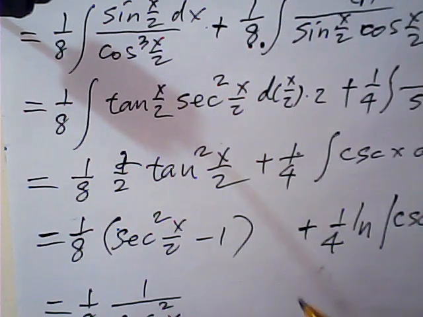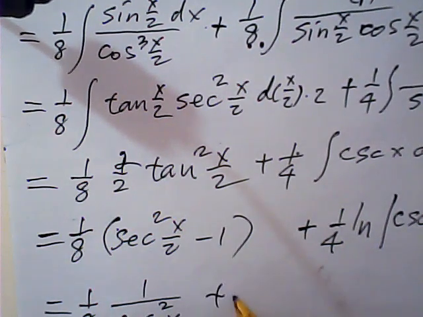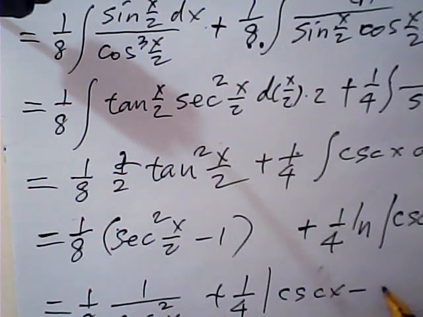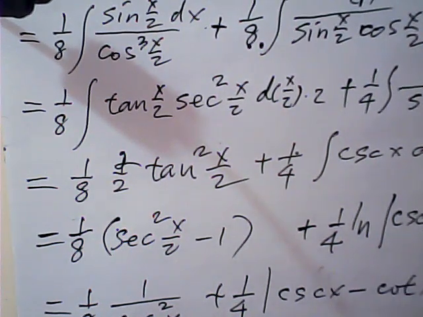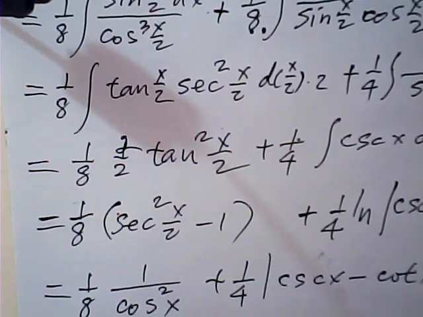Minus 8. Minus 8 is combined with the c, so we can omit that constant. So cosecant x minus cotangent x plus c, okay?